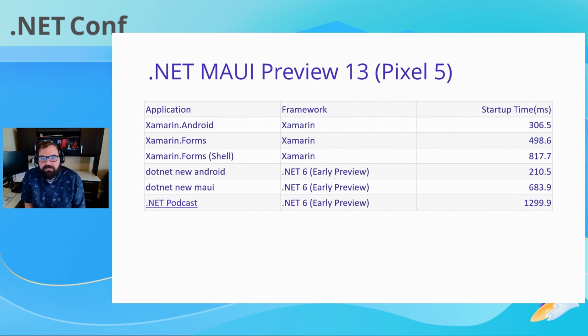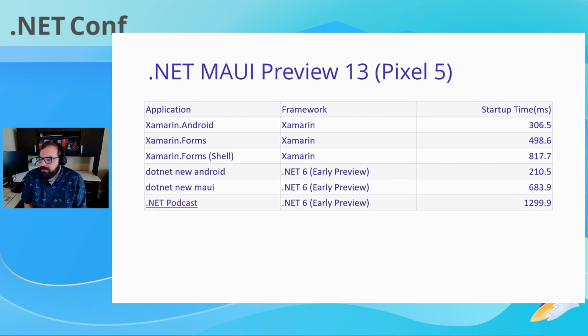So in Maui Preview 13, the metric that was interesting is if you look at the Xamarin Android app here. This app is not using Maui or Forms. It's just a regular Android app, and it got faster between Xamarin Android to the .NET New Android template here.